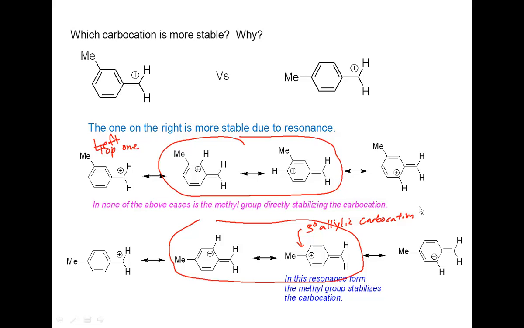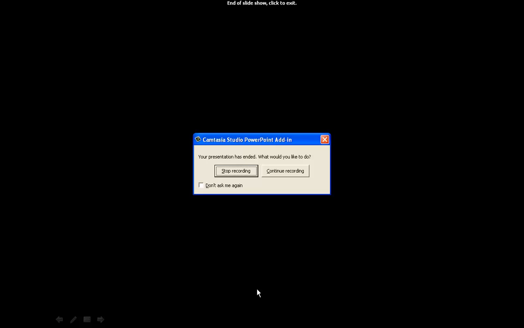So in the one on the right, the methyl group is stabilizing the carbocation. Whereas in the one on the left, the methyl group is not really contributing very much to the stability of the carbocation.